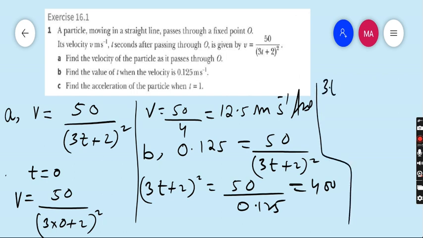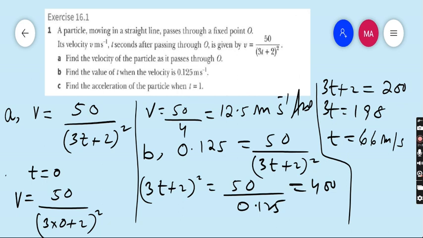Taking square root on both sides, so 3t plus 2 is equals to square root of 400. But I will check all steps again.